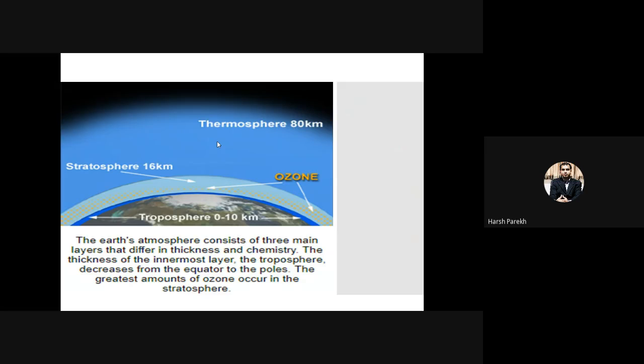At the equator the thickness of the layer is high, and when it reaches the poles the thickness becomes less. The greatest amount of ozone is available in the stratosphere. And here you can see this is the ozone gas layer, and at a pole this layer is very much thin.